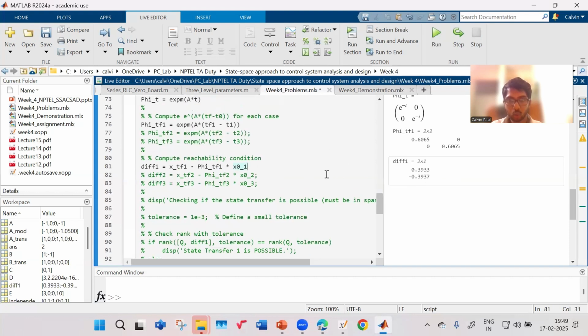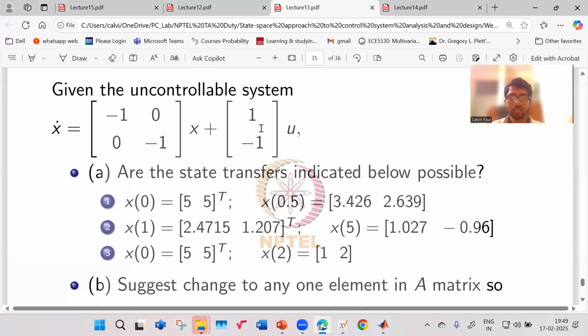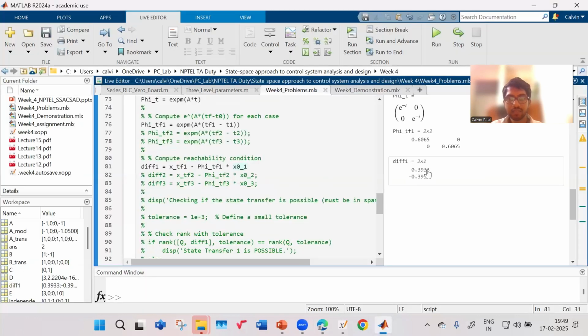They are very close. And what is your B matrix? You will observe the B matrix is 1 and minus 1, right? So approximately, if you take 0.393 common, it is approximately 1 and minus 1. So you can use an input to bring it to this value.